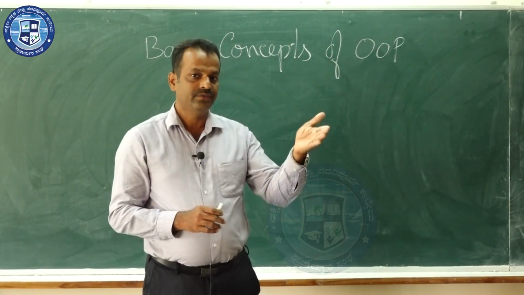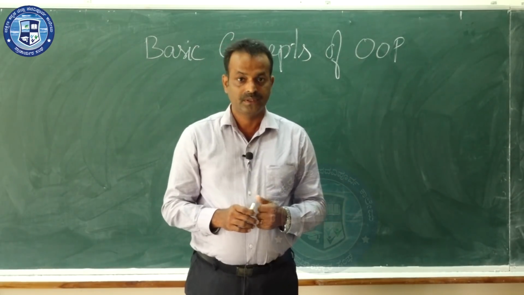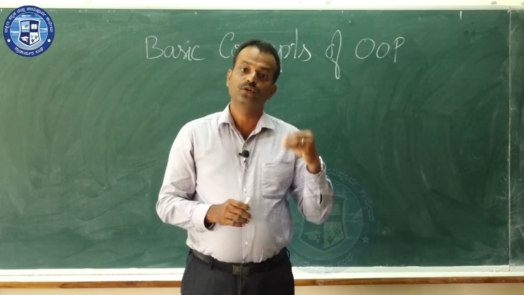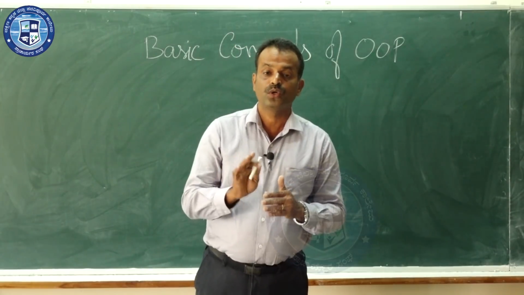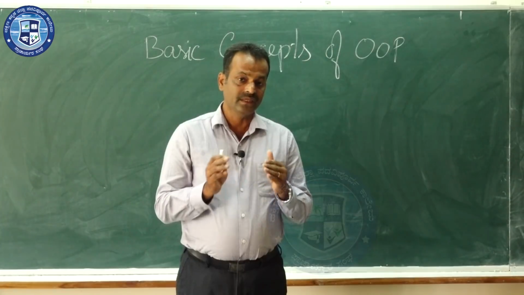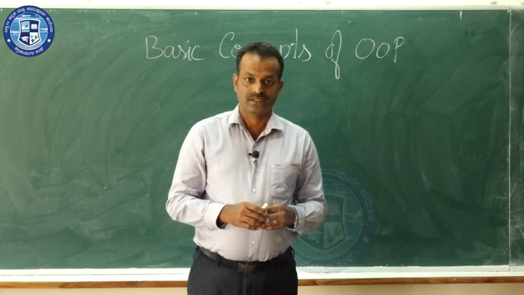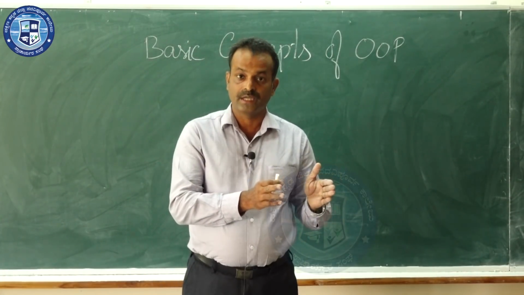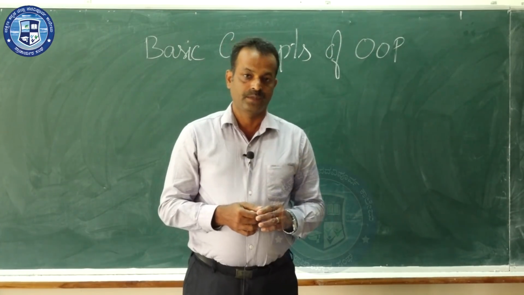Whereas any other user-defined data type can just explain the types of values that could be stored, and it will not store any functions. The class can store the data along with the functions. So that is the difference between a user-defined data type and a class, which is also a user-defined data type.